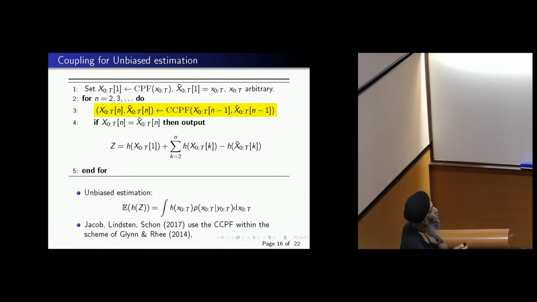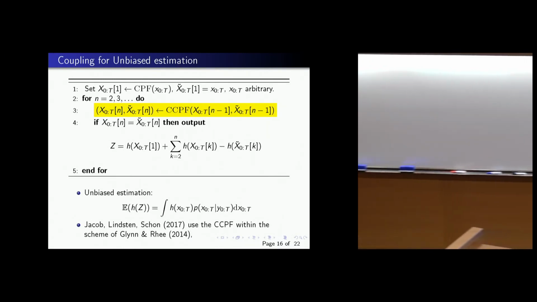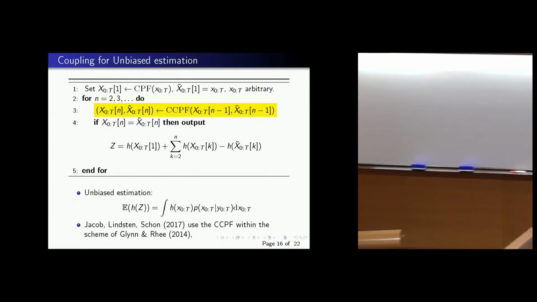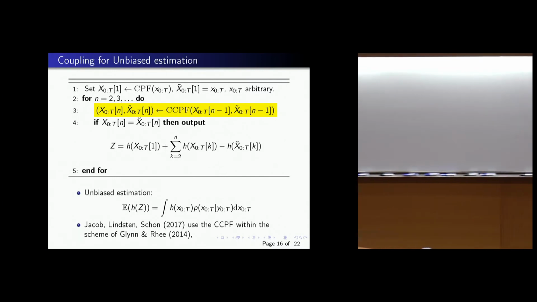It has a specific initialization, which we went through before. The specific initialization is unimportant for us because it poses no difficulty here. The most important thing is that you need a way of coupling the two conditional particle filtering Markov kernels, and you can use the coupling technique that was devised in that paper with Nicola in 2013.